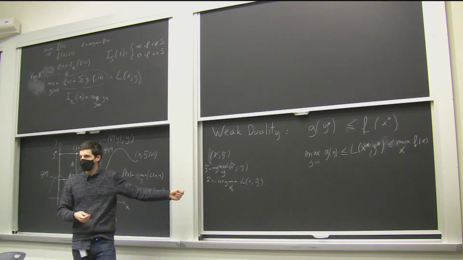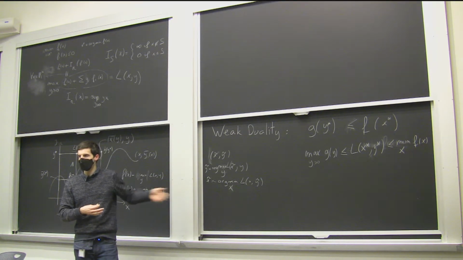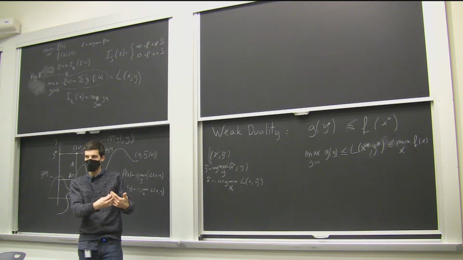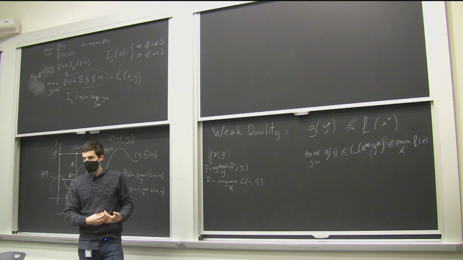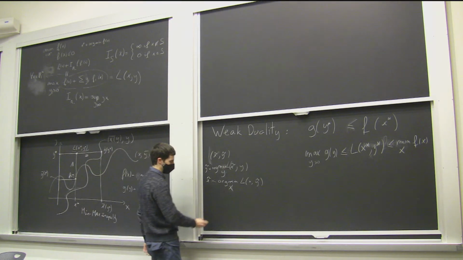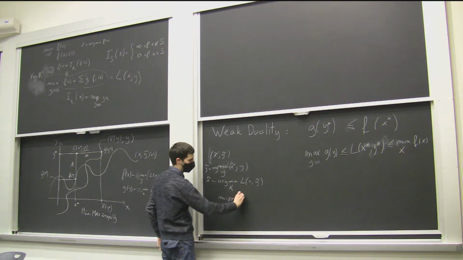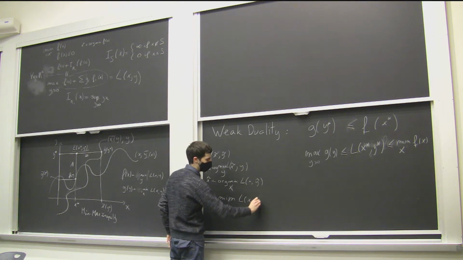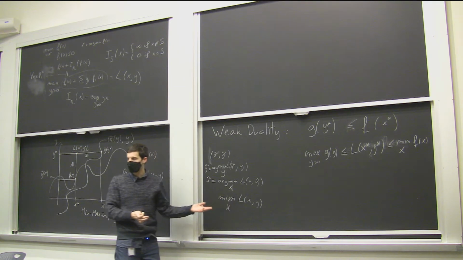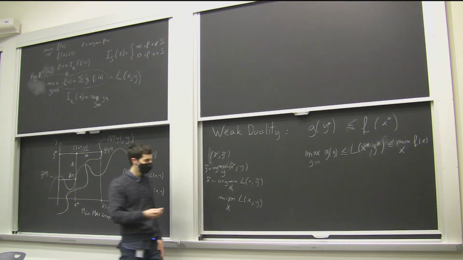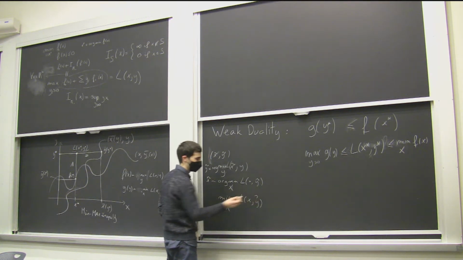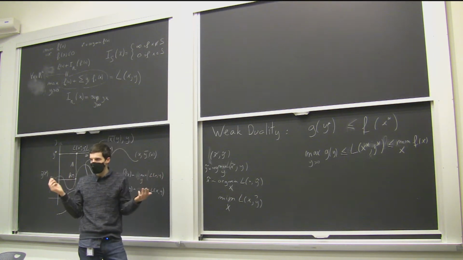So you cannot write it as an optimization problem for either player, because they don't have full information on what the other one is going to play. It's like the first player is saying, okay, I need to minimize over x of L of x y, but here y is not defined in the expression. You don't know what's going to be y, so you cannot solve the problem.